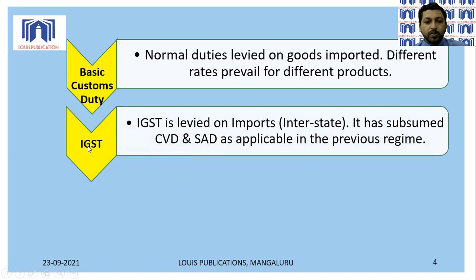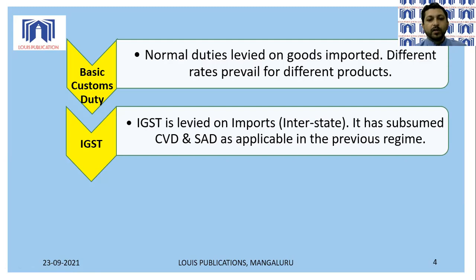Now, because of IGST coming into being, it has subsumed the CVD. CVD stands for countervailing duty, and SAD stands for special additional duty as applicable in the previous regime. So very important, we have to understand IGST has come in, and CVD, that is countervailing duty, and special additional duty has been subsumed in the making of GST, which was leviable under the earlier regime.